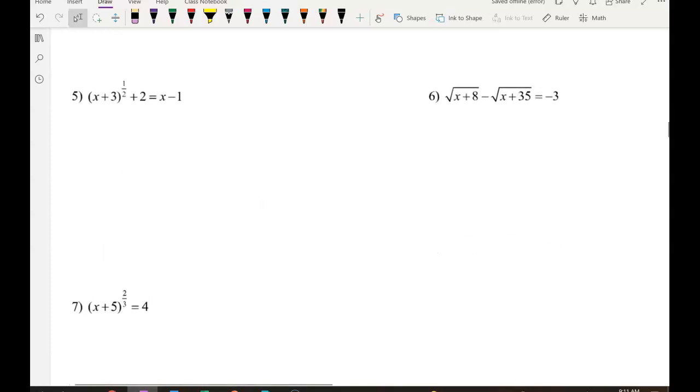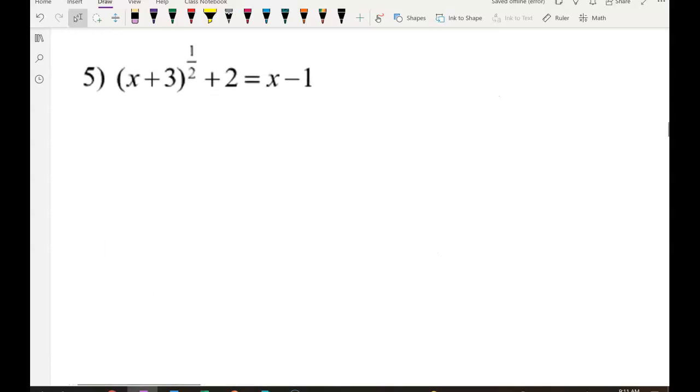Number 5. So number 5 does not have a square root, but the title says radical. Converted to radical, because a rational exponent of a half is what kind of root? Square, you're right. So write it as a square root.